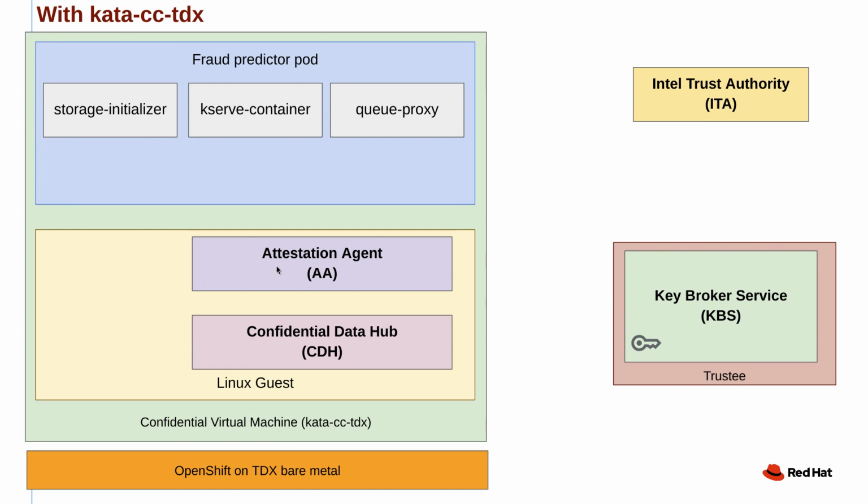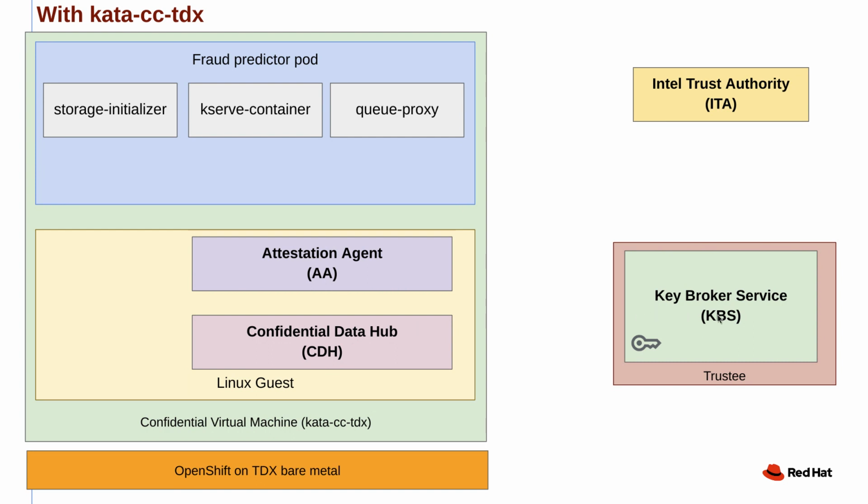The attestation agent is running inside the TEE, and it connects to the KBS in order to perform the attestation. And the attestation agent is responsible for sending the evidence of the TEE to prove the trustworthiness of the environment. Confidential Data Hub facilitates the secure key retrieval for the Kata agent and applications.